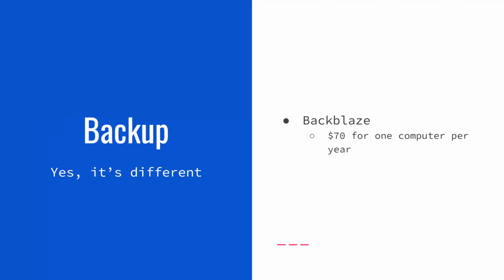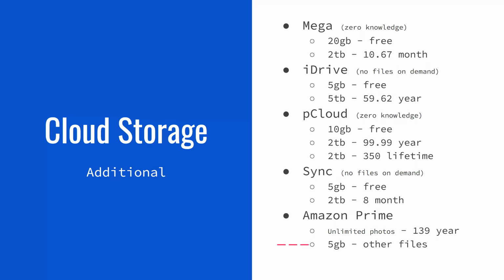All right, the next slide is on backup. So if all of you thought you were getting a backup solution that's in the cloud whenever you are using cloud storage, you are half right. One of the negatives with cloud storage in terms of backup is that cloud storage will basically allow you to back up certain folders.